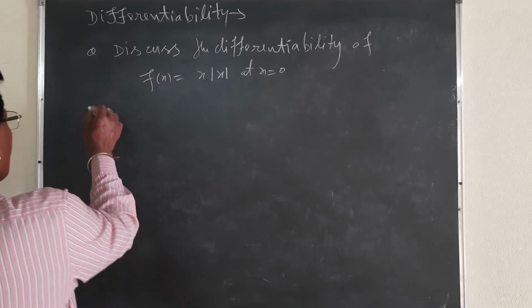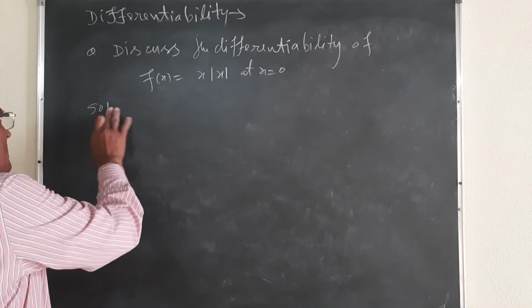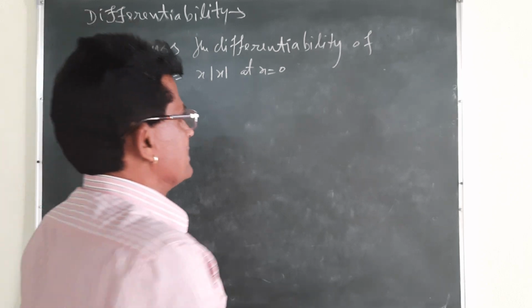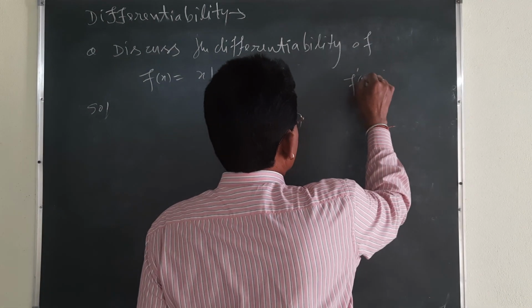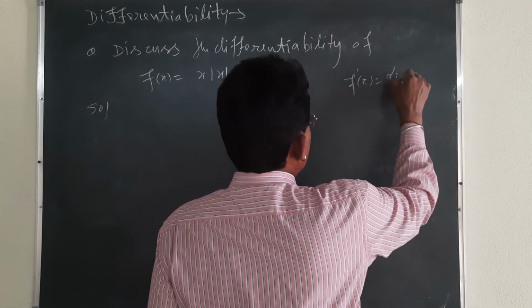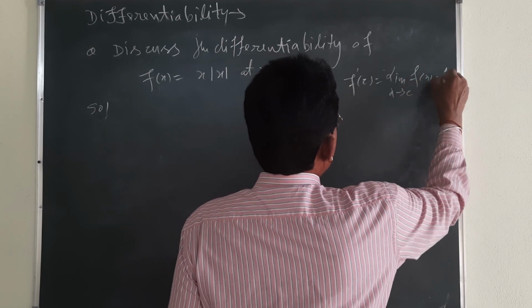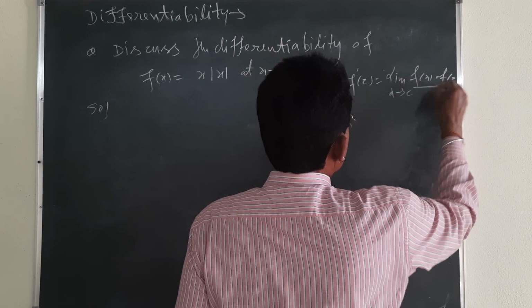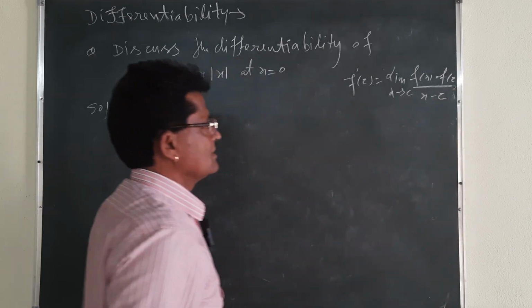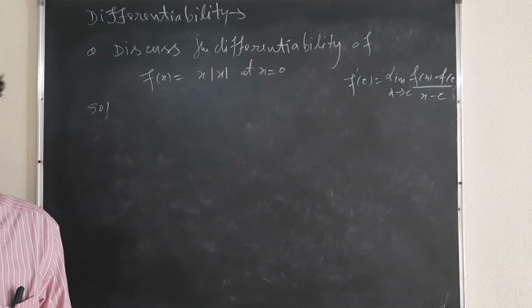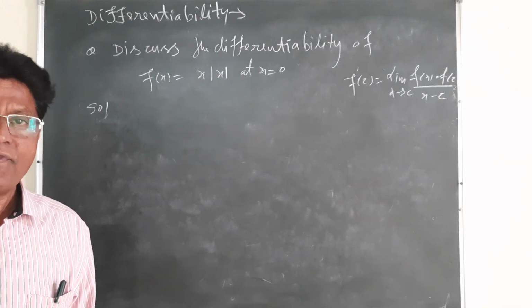Let me take the solution. As I told you, so many methods are there to find the solution. f dash c will be equal to limit x tends to c of f(x) minus f(c) upon x minus c. This thing you must keep in mind. I am using it to check whether it is differentiable or not. Then what you will do?